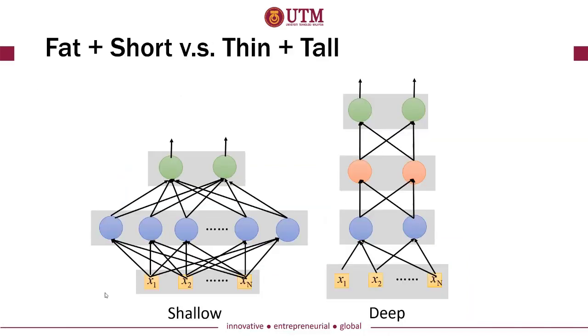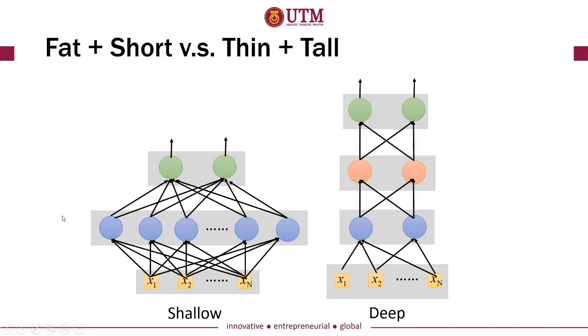Okay, again, this is the difference between a shallow neural network and a deep neural network. As you can see, this is what we learned in the previous class. But actually both are MLP. It doesn't matter whether it is shallow or deep, it's still a multi-layer perceptron.